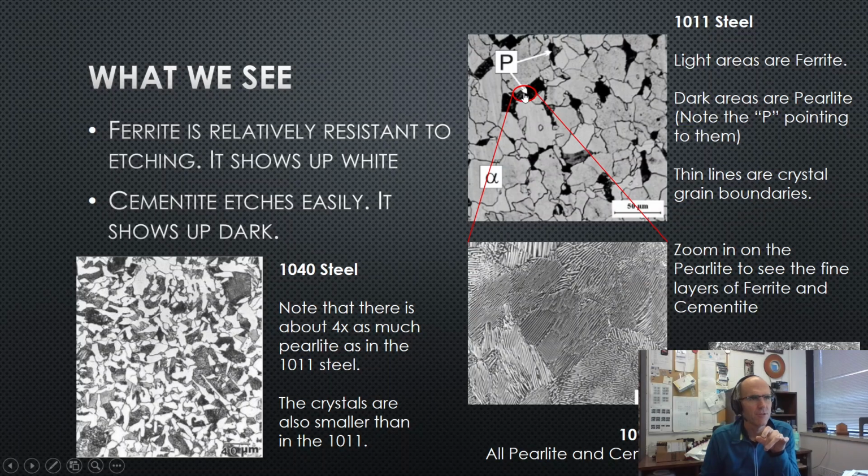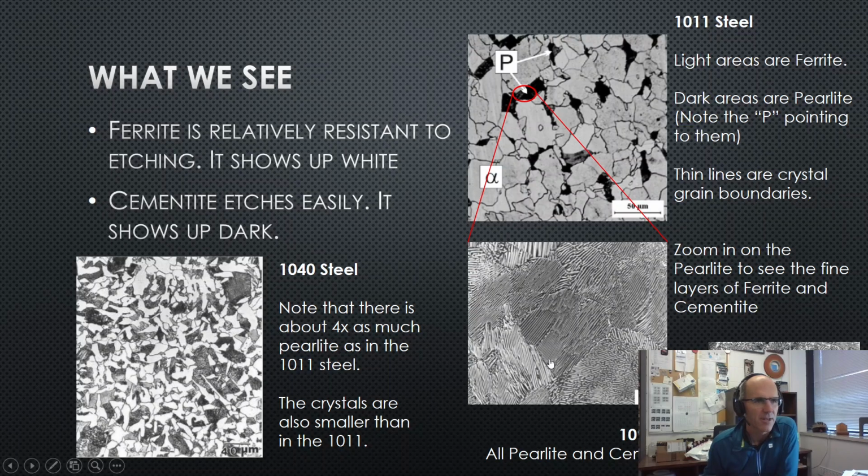And if we zoom in even more on that, so this is 50 microns in scale. If we go down to like 2 microns down here, 2 times 10 to the minus 6 meters, so thousandths of millimeters we're talking about in here, you can actually see fine, fine layers right in here.